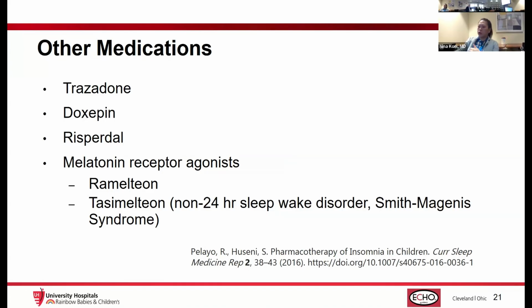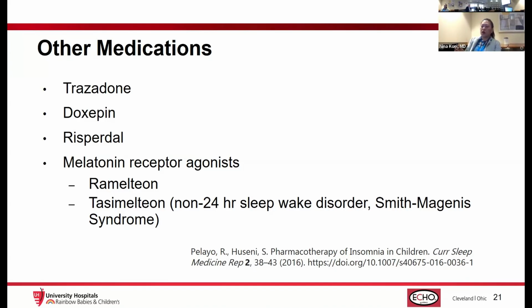Risperdal, as well as all the other antipsychotics, are also used, especially if you have comorbid aggressive behavior and a lot of dysregulation with these patients. That tends to be more of the lower functioning autism population. And then melatonin receptor agonists. I bring this up because these are interesting drugs.